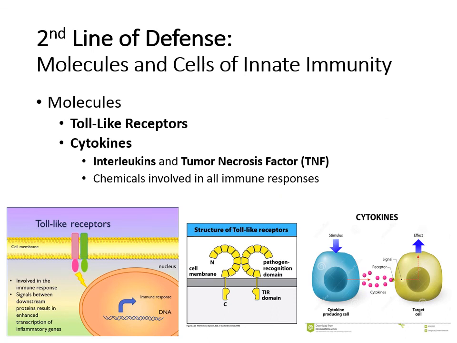Now, in addition to all those barriers, your innate, or you're born with it, immunity also has molecules and cells to be a second line of defense for any pathogens that make it across the first barriers. Keep in mind, as we talk about the innate immunity, these barriers and these molecules like toll-like receptors and cytokines, all of these are basically trying to get rid of or block any pathogen.